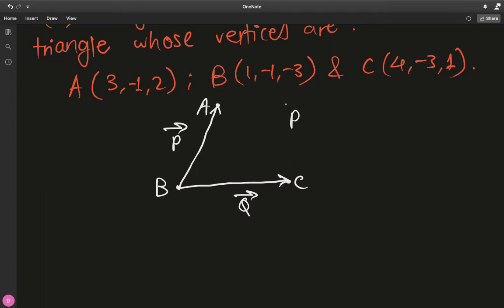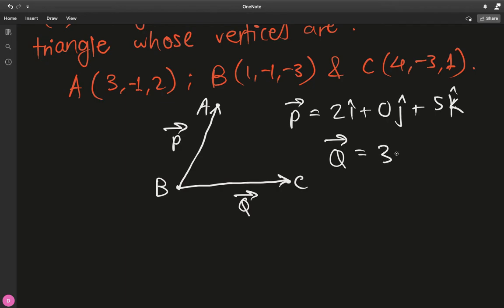So P bar will be the end point minus the start point. So basically A in vector form minus B in vector form, and that will turn out to be 2 i cap plus 0 j cap plus 5 k cap. Same thing for Q bar also. C in vector form minus B in vector form. So you have 3 i cap minus 2 j cap plus 4 k cap.